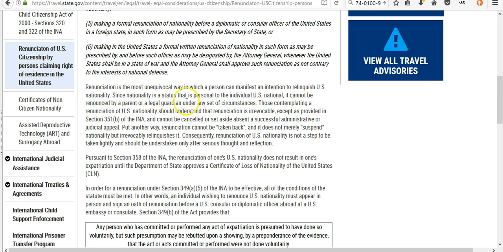Since nationality is a status that is personal to the individual U.S. national, it cannot be renounced by a parent or a legal guardian under any set circumstances. So we can't have people doing stuff on our behalf. That's why I keep telling people, you can't. This is not something you could just pay somebody to do for you. You have to be involved. You have to be the doer in this situation. Nobody can do this for you.